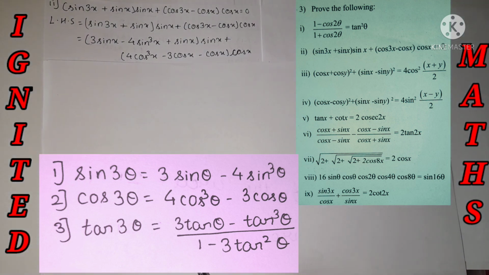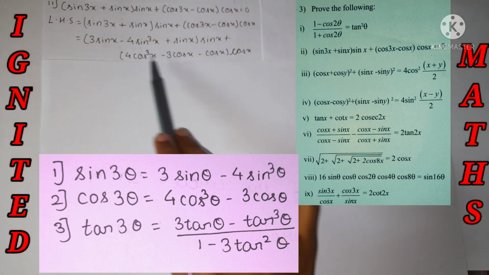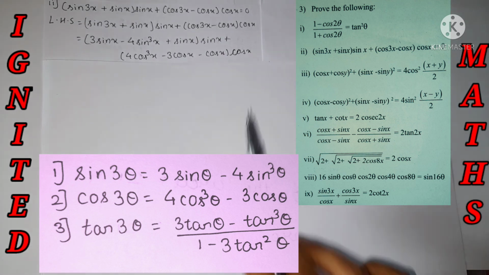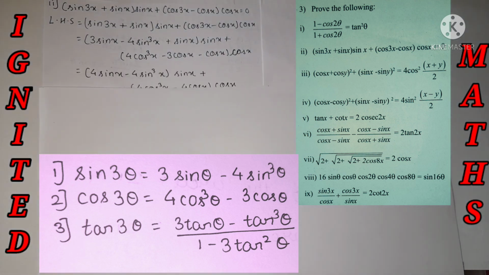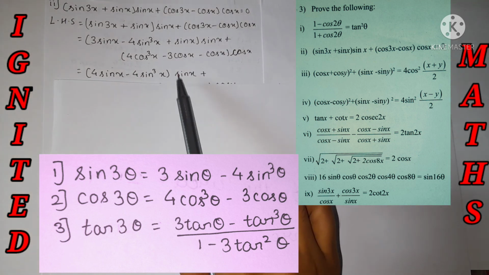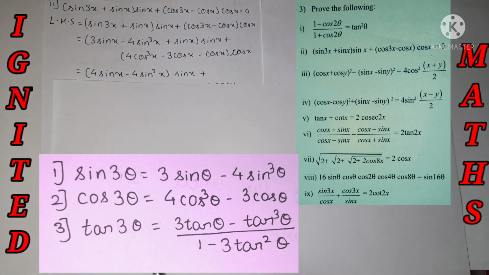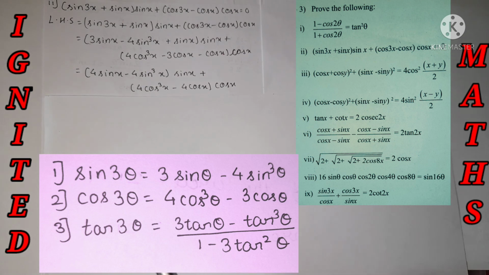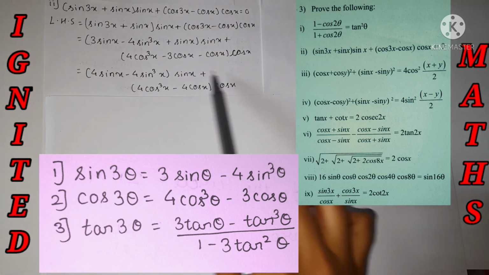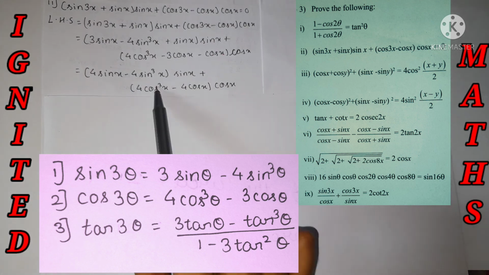Over here we can do the calculation. Minus 3 cos x minus cos x, and 3 sin x plus sin x is nothing but 4 sin x minus 4 sin cube x, and sin x as it is, minus 4 cos x. Yes, we are done with it. Now multiply the sin x and cos x with each and every term.